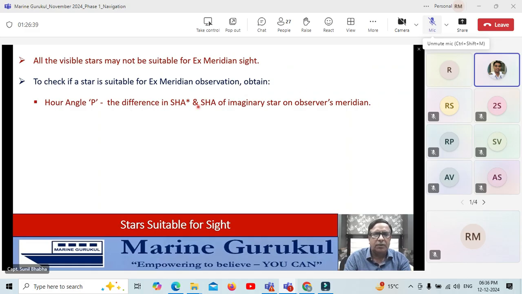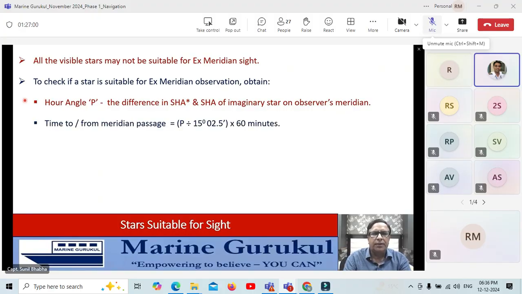We had already learned how to calculate the SHA of an imaginary star on the observer's meridian by equating the LHA to 360. So P is the difference between the SHA of this imaginary star on the observer's meridian and the SHA of the star or planet in question.